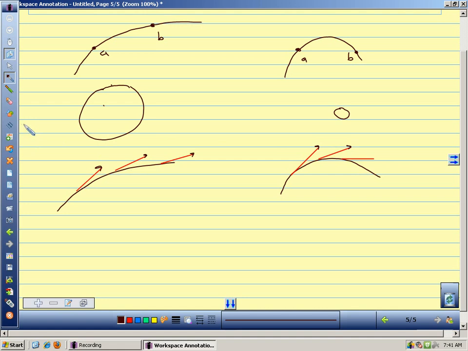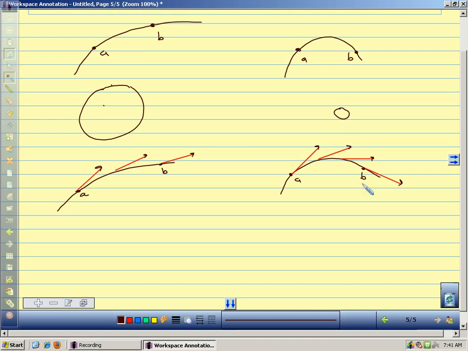And I'm going to draw in one more on this one. So here are some tangent vectors. And let's say this is point A and this is point B. And I'm going to say that the arc length between A and B on both curves is the same.